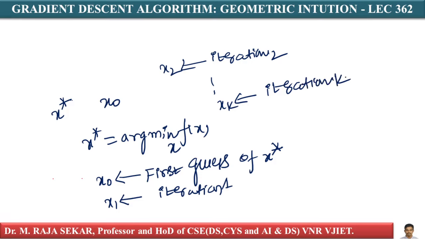We must find x0, x1, x2, and so on, where xk is very close to x star.